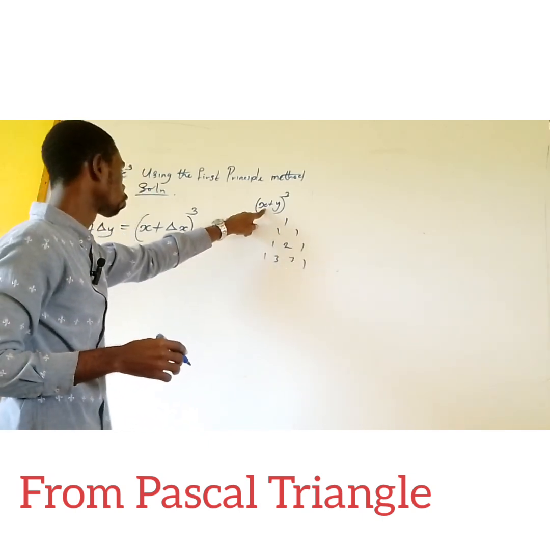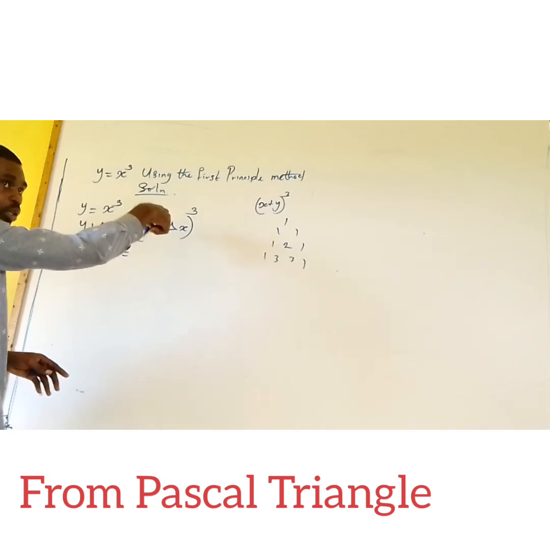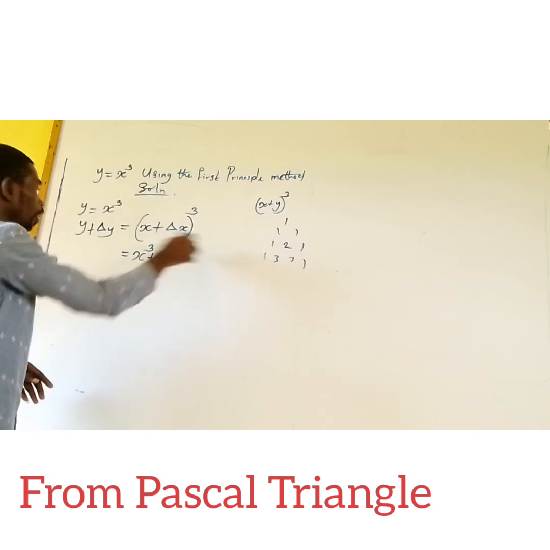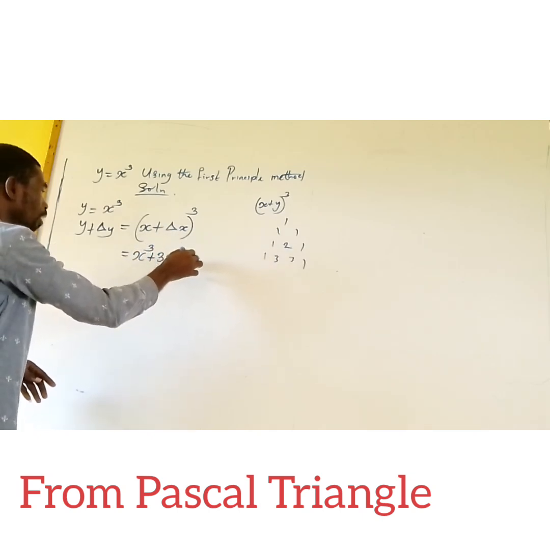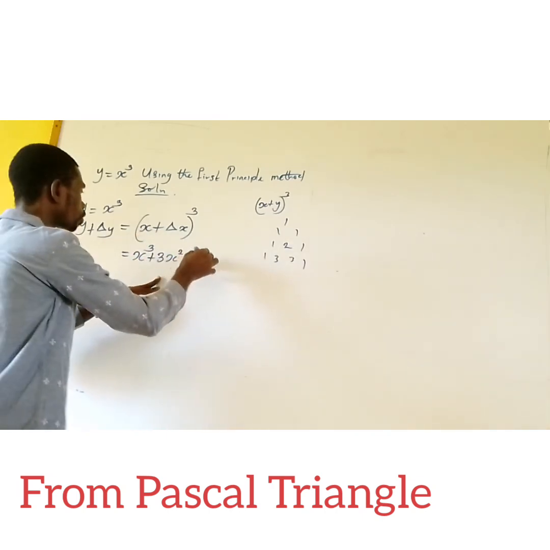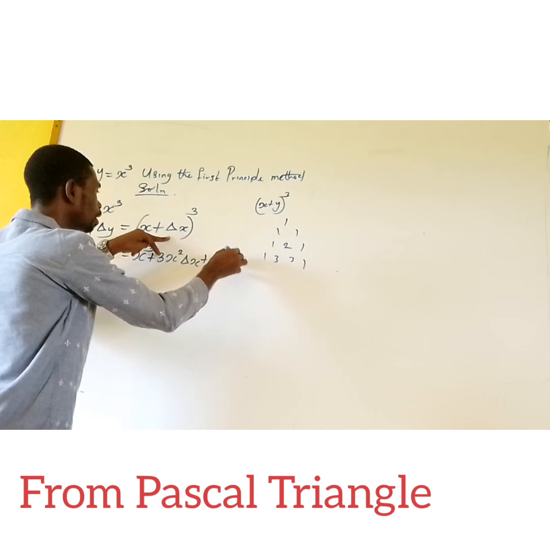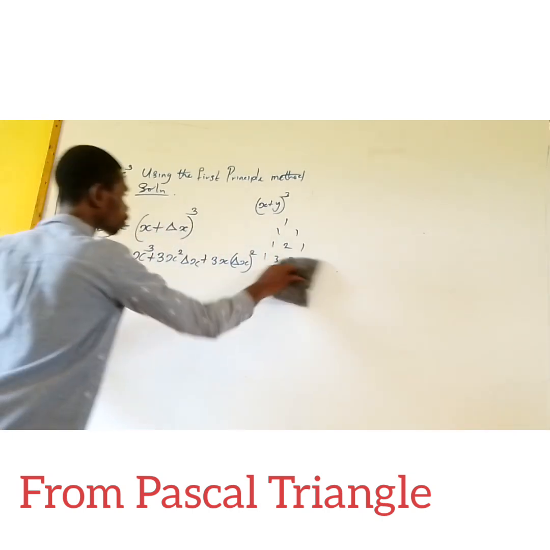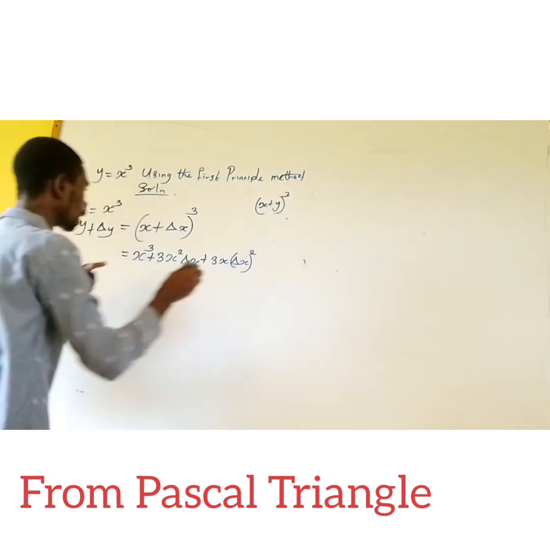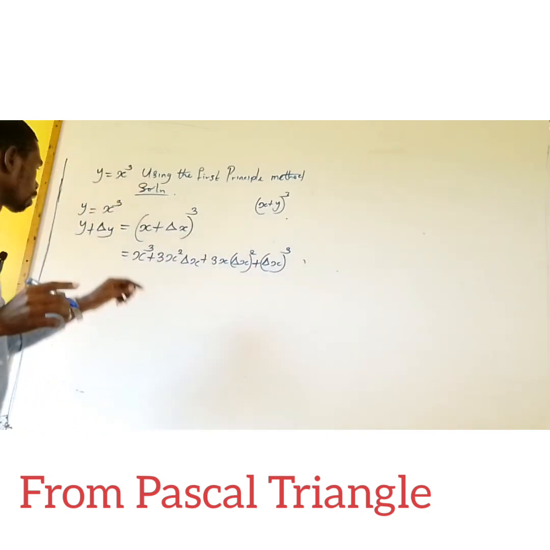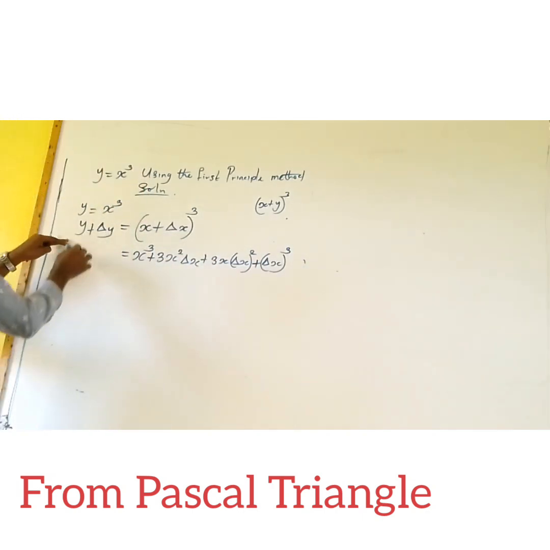Therefore, that is going to become equal to the expansion of this, that is x raised to the power of 3 plus 3x squared delta x, and take note that this is now x squared because x is decreasing, plus this is now 3x delta x all squared. All right, so plus the next one at the coefficient is 1 plus delta x all cubed. That is it. This is the expansion. We are still on this, which is y plus change in y.